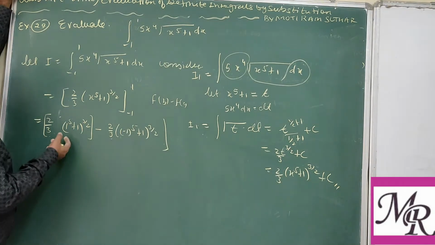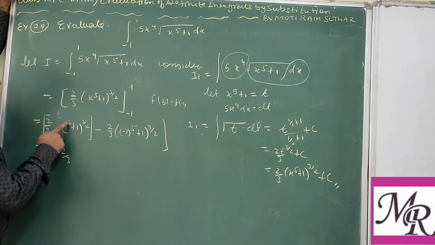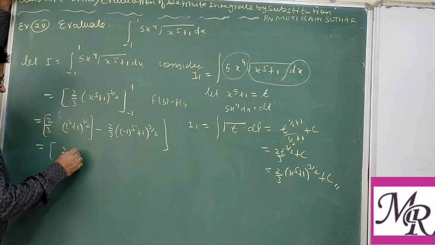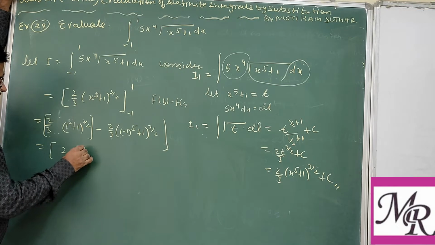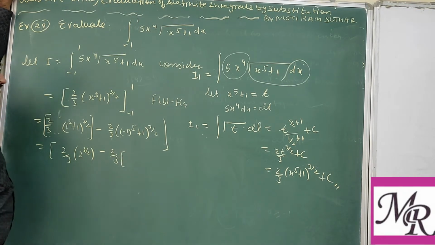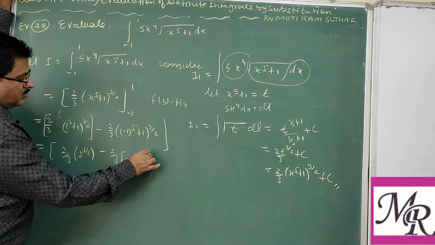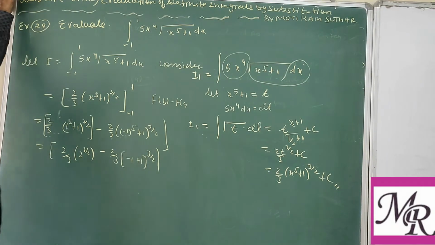Now it is your work of calculation. 2 by 3 times 1 power 5, that is 1 plus 1, 2, that is 2 power 3 by 2. So minus 1 power 5 plus 1, so this is 0. Clear?